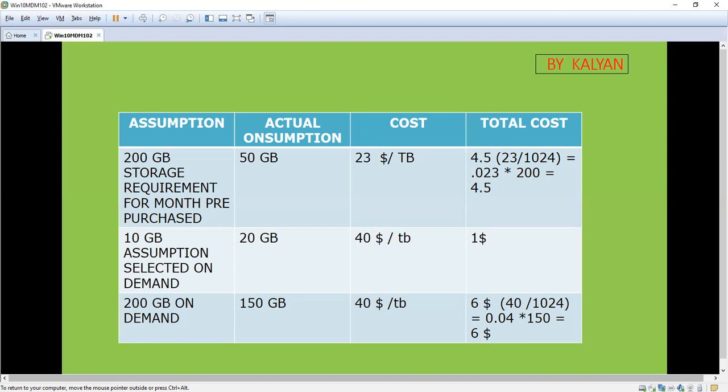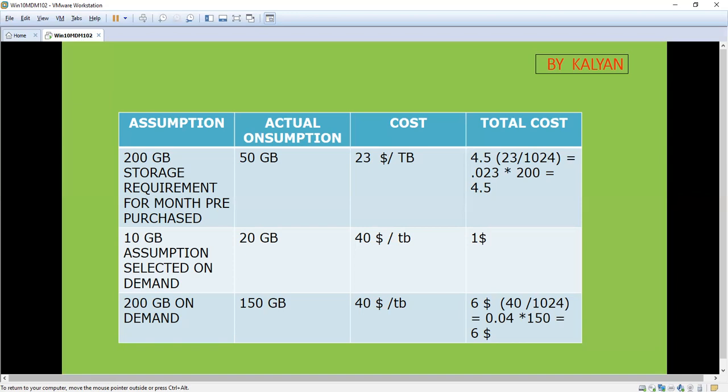Here we are going to see one example: which one is the best? First assumption: so far we have not implemented Snowflake in our company.